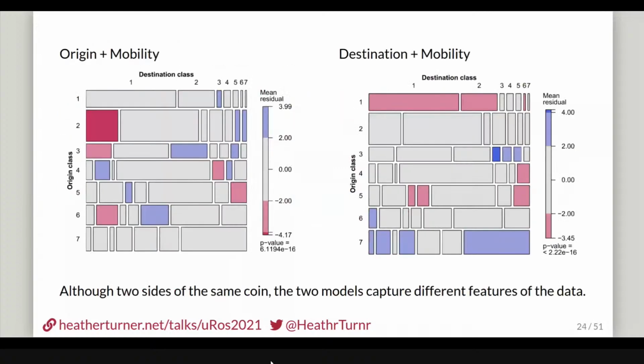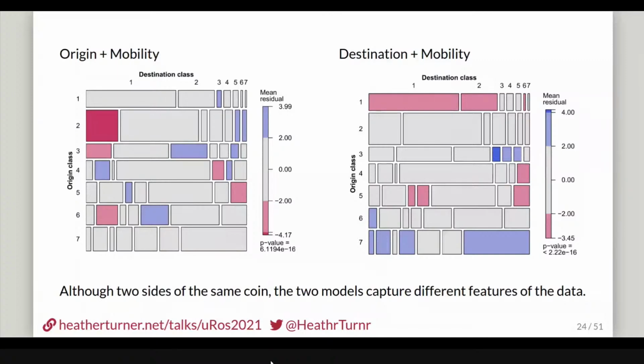So here are the residuals for these two models. And although they are essentially two sides of the same coin or two sides of the same story, they capture slightly different features of the data. So we're getting some large residuals in different places. In the origin and mobility model, we've got a large negative residual for individuals that started in class 2 and moved to class 1.